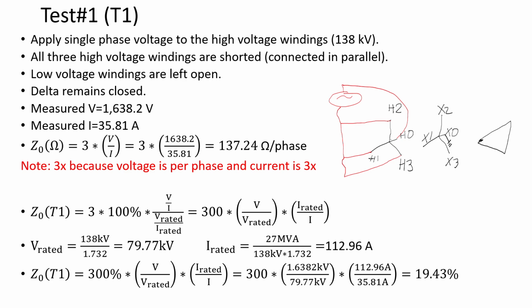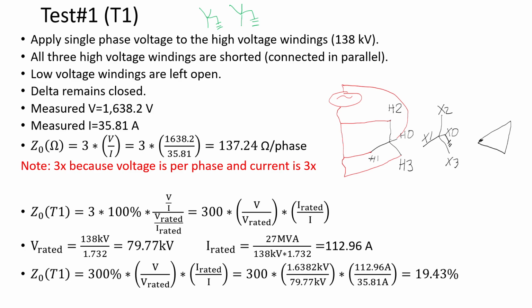So now let's talk about the tests. A reminder, these 4 tests are only if you have a grounded Y, so let's keep that in mind. Because if one side is ungrounded or it's a delta, you only apply one test.